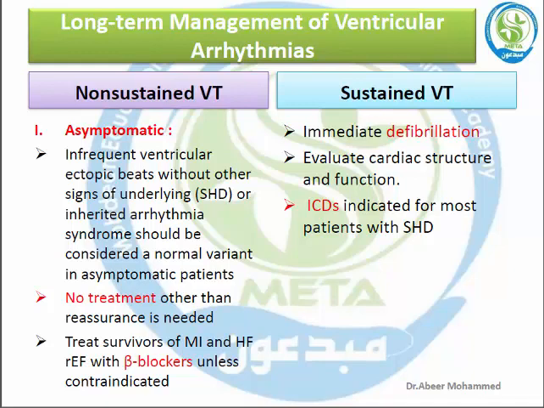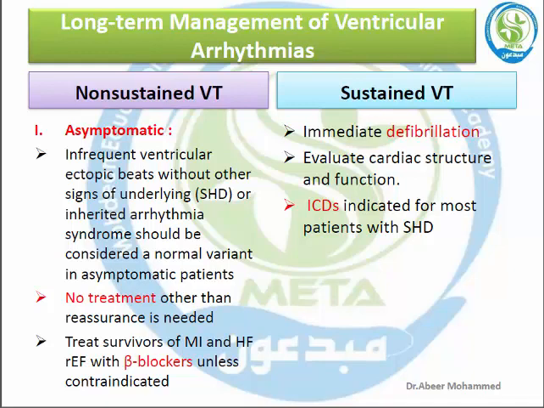But if the patient is a survivor of MI or has heart failure with reduced ejection fraction, beta blocker is a major or cornerstone drug, unless it is contraindicated, in some cases like AV blocks or active asthma.